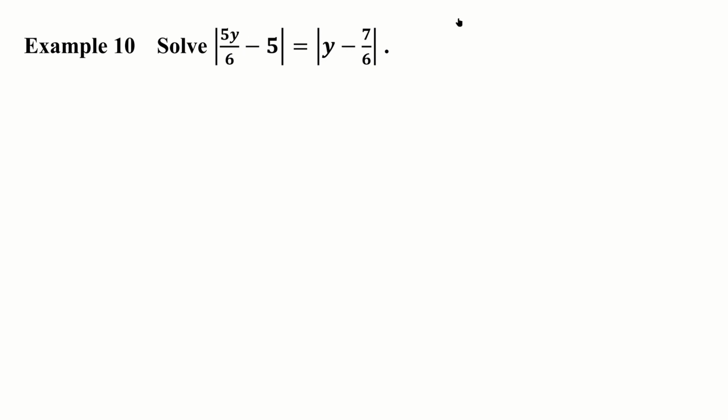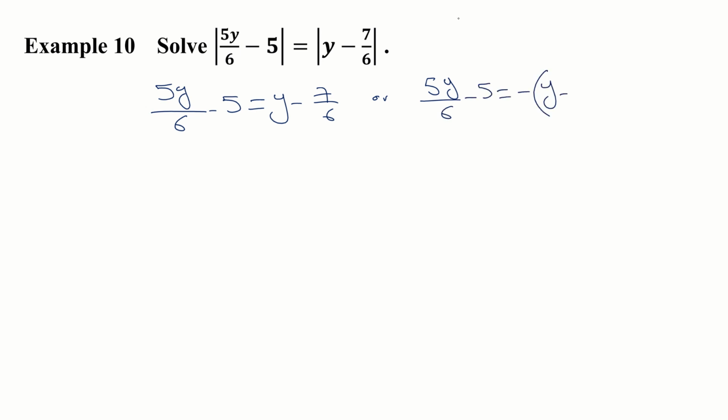So 5y over 6. I think it's a good time to pause the video. You should be able to do this, right? Minus 5 is equal to y minus 7/6, or 5y over 6 minus 5 is equal to the opposite of y minus 7/6.